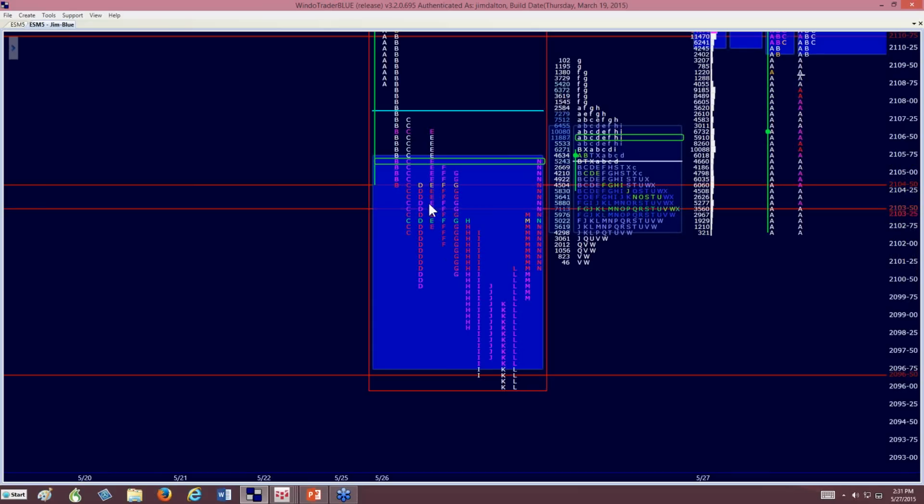I was watching the rotation, and I see how wide this is getting. And that's why I put out the comment yesterday that it looked to me like the market was getting too short in there. When the market breaks down to this level, if the point of control doesn't drop, remember the point of control is still up here.